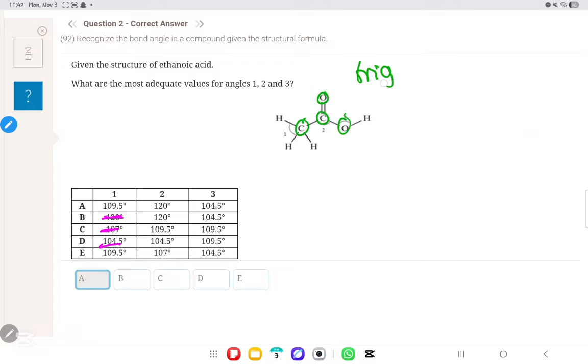So this is a trigonal planar. And in the trigonal planar, they only have 120 degrees as the angle. So the angle here is 120 degrees. So based on what we have, we will choose the one that says 120 degrees. So definitely A is going to be the correct option.